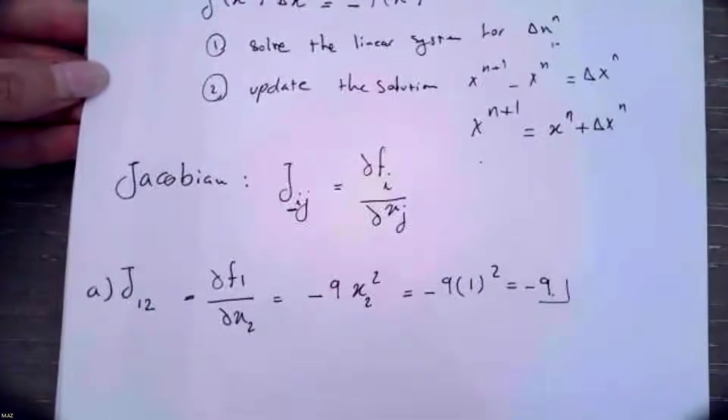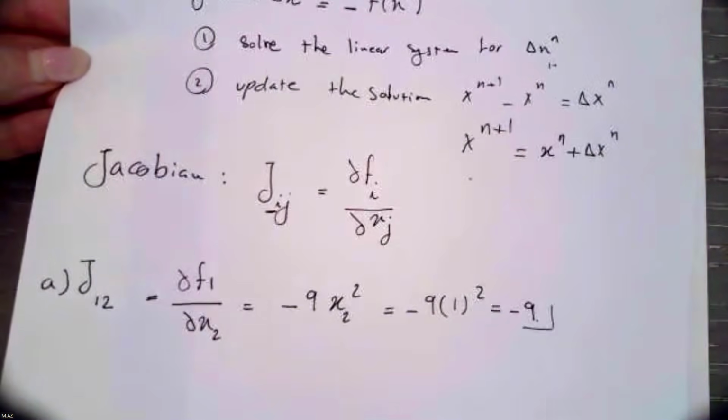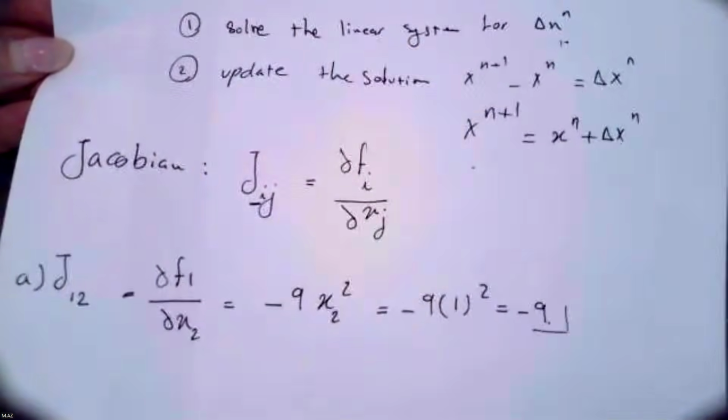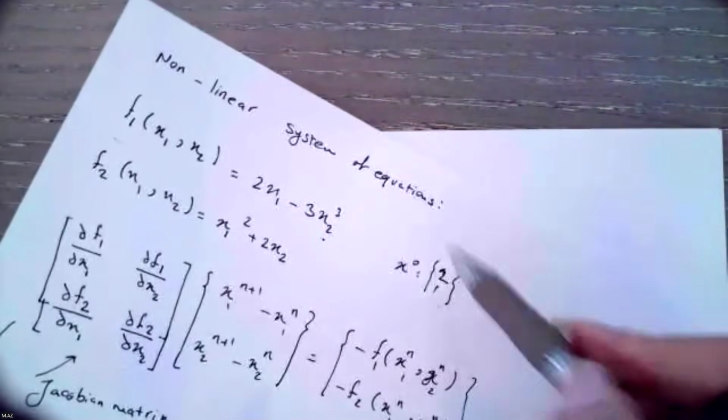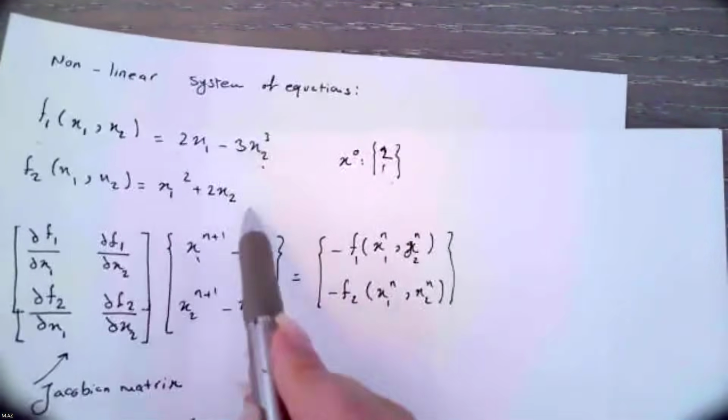For part B, we should find the infinity norm of the residual for the initial guess. Okay, for the initial guess, we plug these values into these two equations.